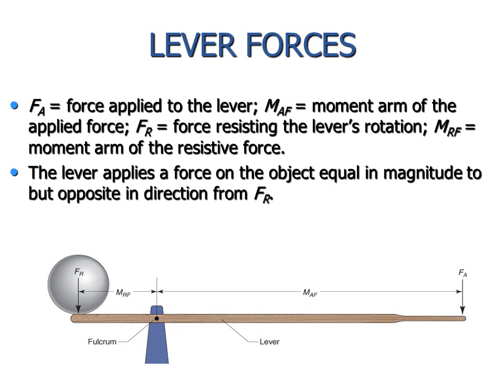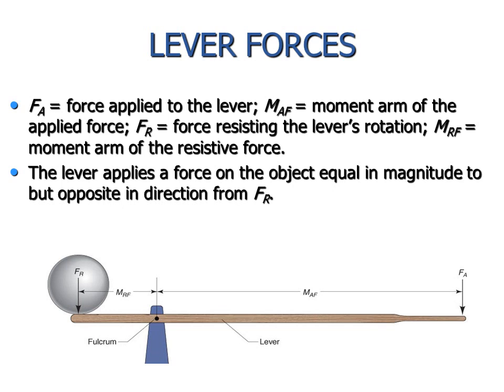So FA is the applied force to the lever. MA is the moment arm of the applied force. And then on the other side of the fulcrum, FR is the force that resists the rotation of the lever, while MR is the moment arm of the resistive force.